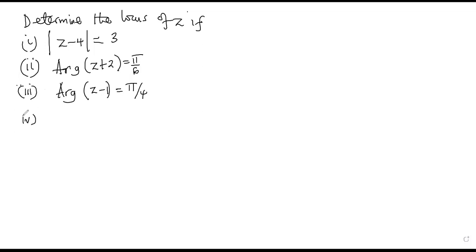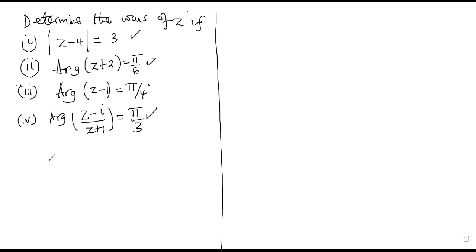Roman 4, argument of z minus i over z plus 1 is equal to pi over 3. Of course, if I do this, you should be in position to do this. So I'll do this, this, and this. Okay.